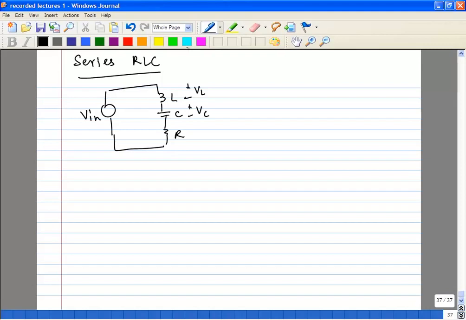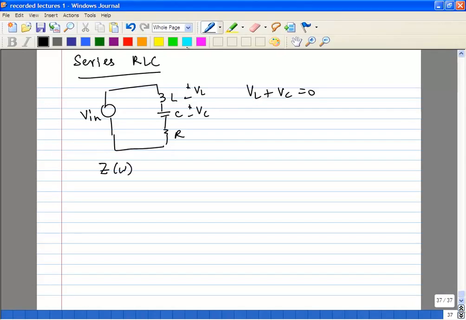At low frequencies the network is going to be capacitive, because the capacitance impedance is going to dominate, and at very high frequencies the system is going to be inductive. At resonance the impedances of your inductance and capacitance are equal and opposite, and they cancel each other out. It means that VL plus VC equals 0, and all the input voltage appears across the resistor.